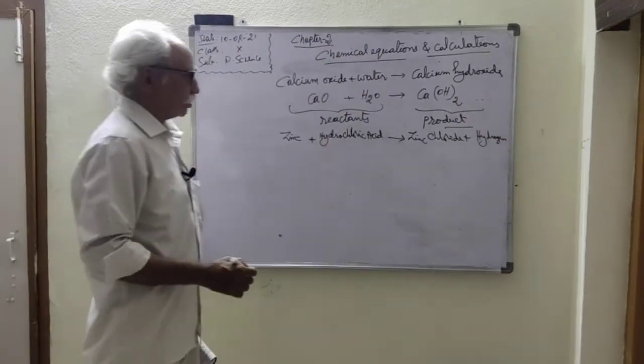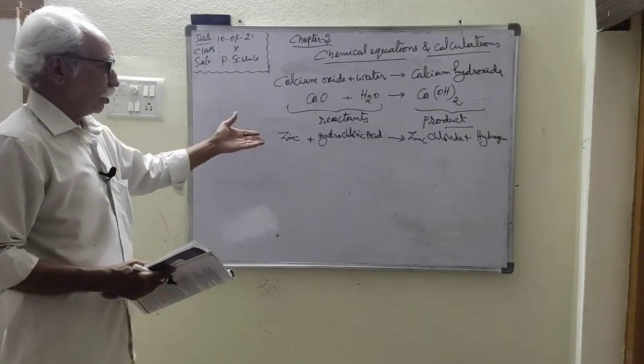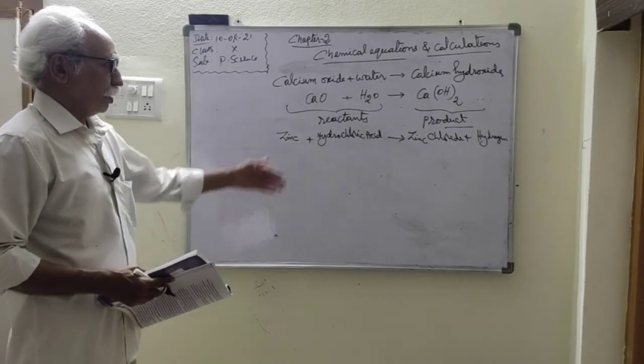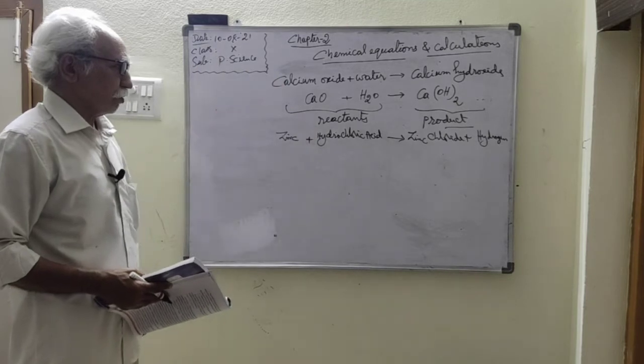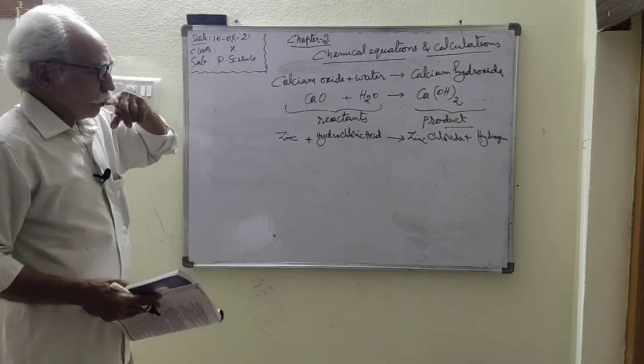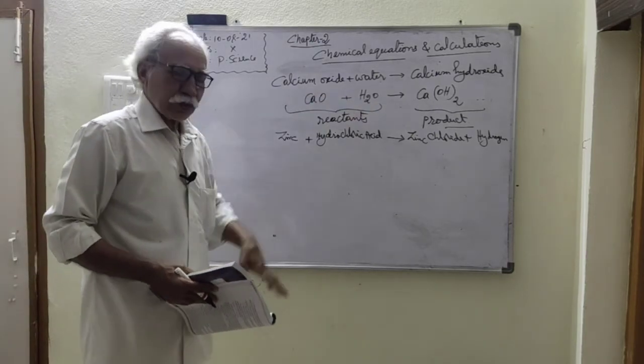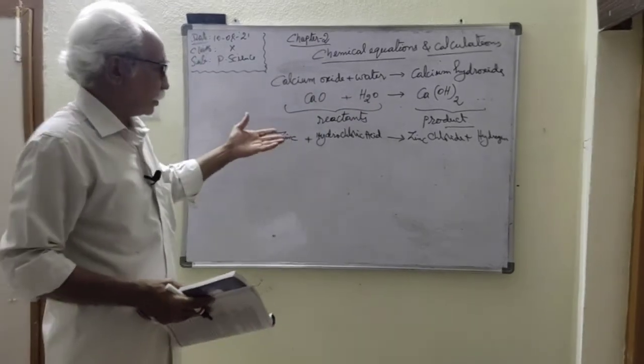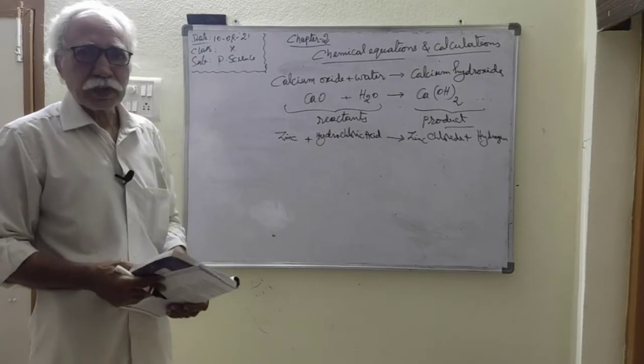So in this case, can you say how many zinc atoms are involved? How many hydrochloric acid molecules are involved? How many zinc chloride molecules are produced? How many molecules of hydrogen are produced? We cannot say just by seeing this chemical reaction.